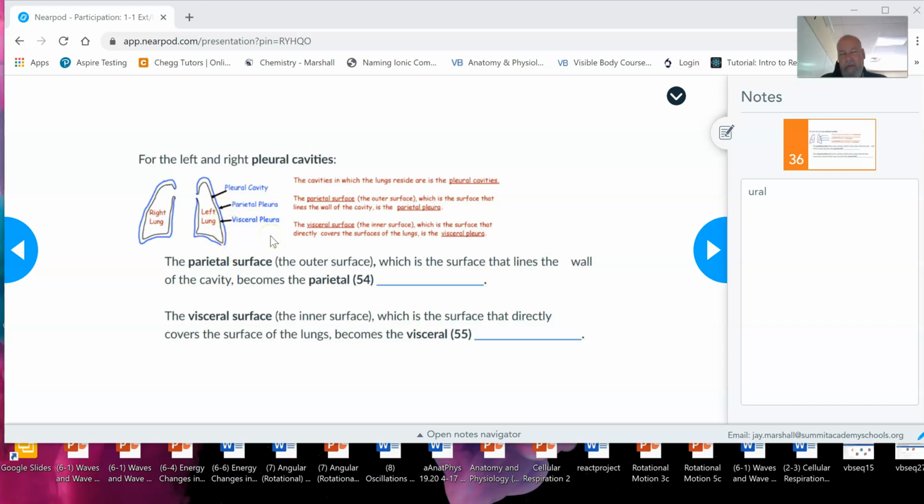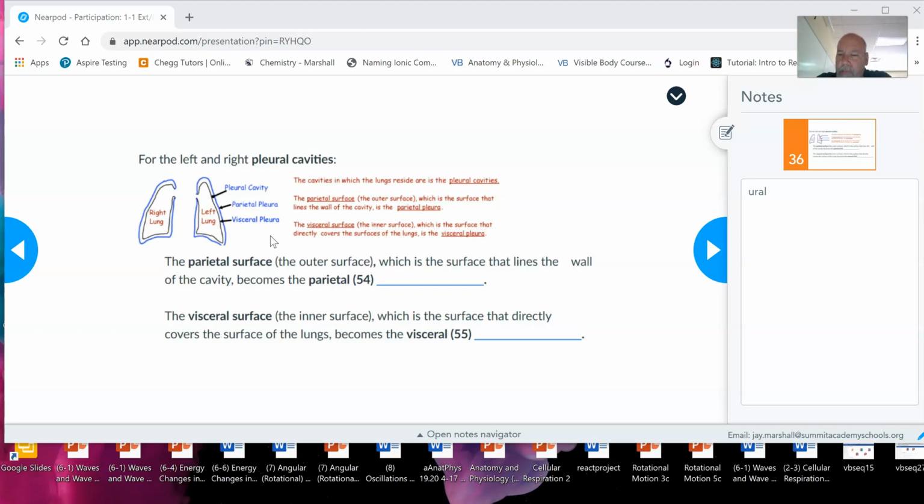And especially with the heart and lungs, there's a particular symptom associated with inflammation of the pericardium or the pleura, and that's called a pericardial or a pleural rub.